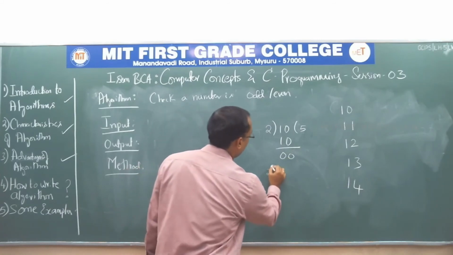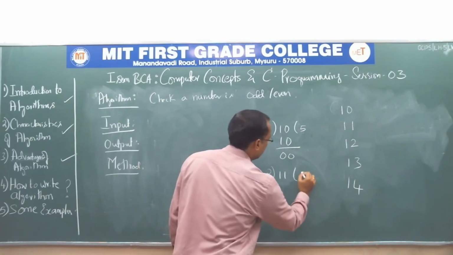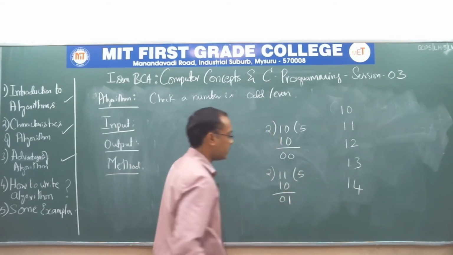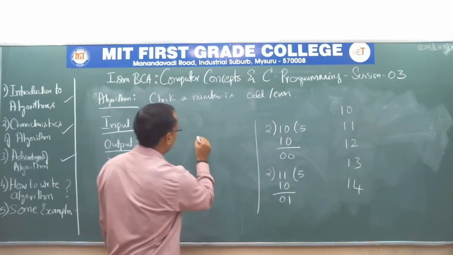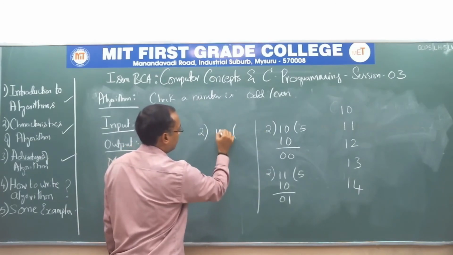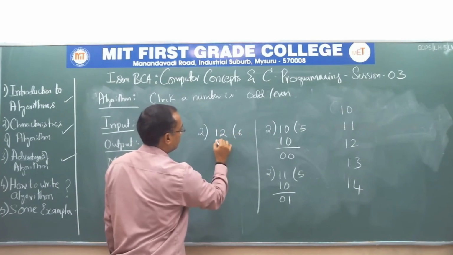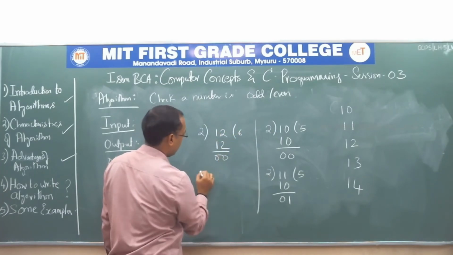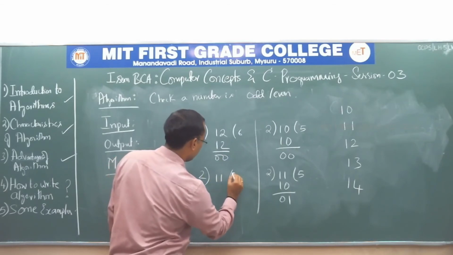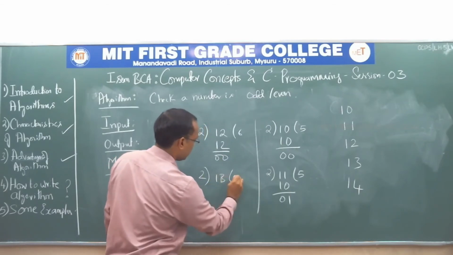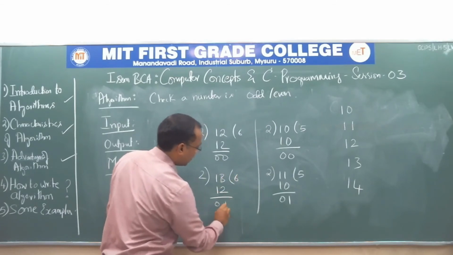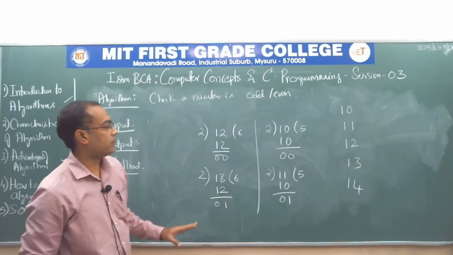Then we divide the next number: 2 5s are 10 and 1 is the remainder. Similarly, 2 6s are 12 and we got 0. For 13, 2 6s are 12 and we got 1. So I think this is enough.